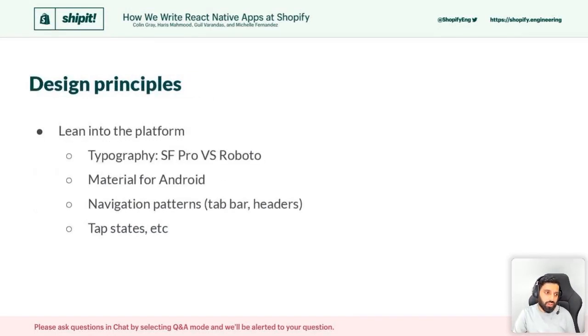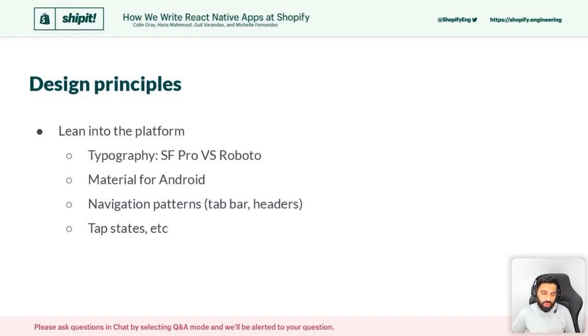The other major design principle, or one of the biggest design principles that we work with, is the idea to lean into the platform. So the Shop app, for example, is on iOS and on Android, and the point of sale app recently just launched for Android. One of the things that we like to do is not fight the platform defaults or their specific platform UX and behavior that our users are expecting and have come to understand.